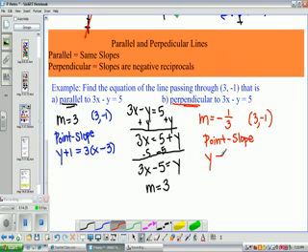Point slope, y minus the y coordinate equals the slope times x minus x coordinate. Do follow the directions to see if they want to have it in point slope or slope-intercept form.